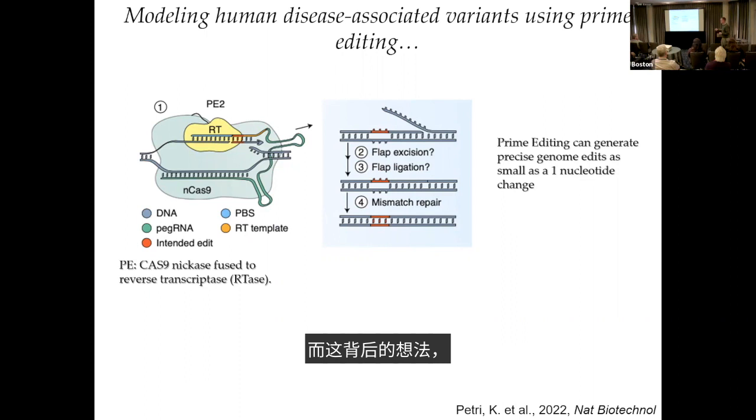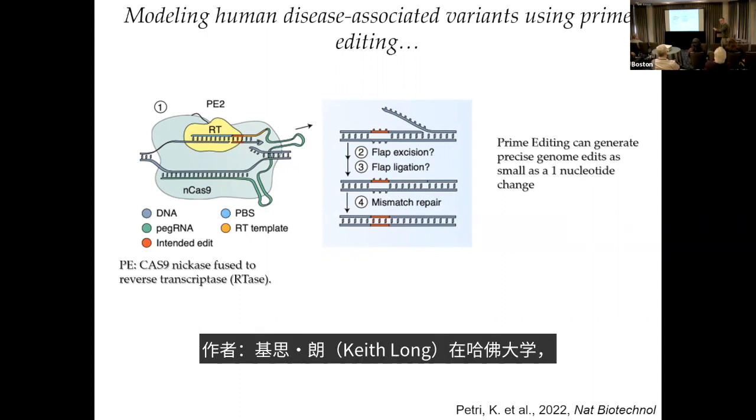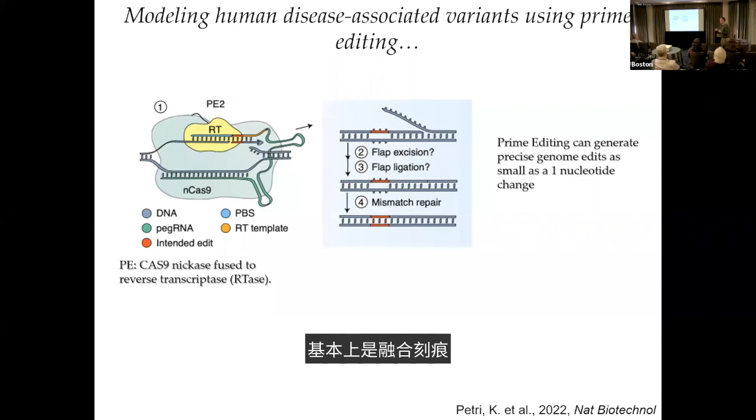This whole technique was developed by David Liu here at Harvard, to fuse the nicking and the repair mechanisms into one unit. We keep trying to optimize this approach, changing the pegRNA templates.